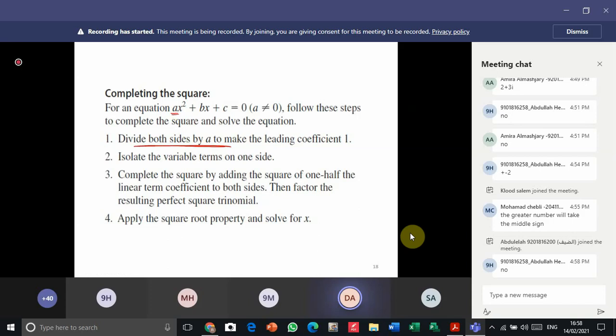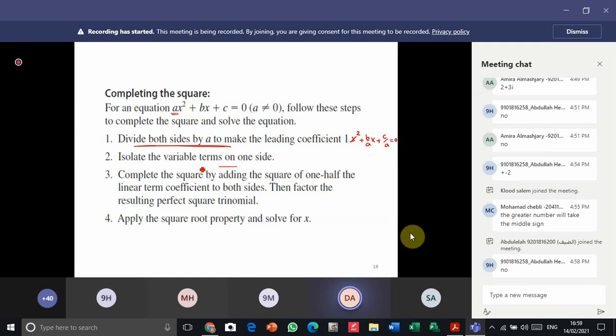After that, the equation becomes x squared plus b over a x plus c over a equals what? 0. Like this. After dividing by a, 0 over a is 0.